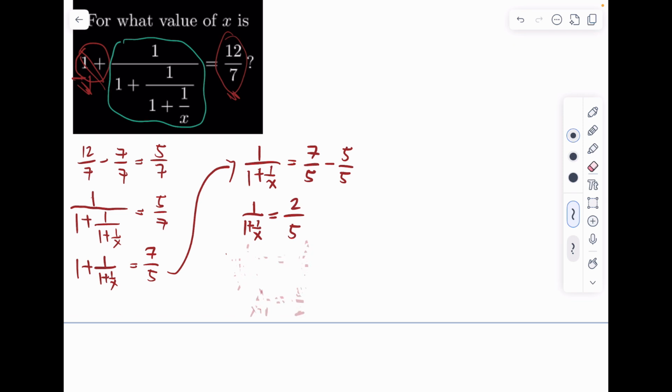Let me just do that. If I'm going to invert this, it will be 1 plus 1 over x equals 5 over 2.